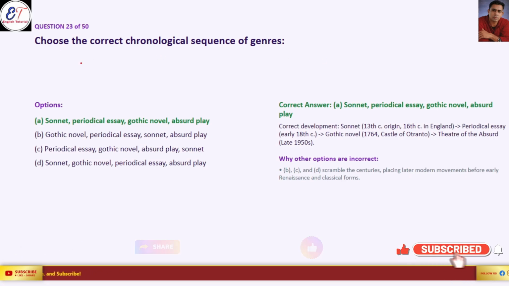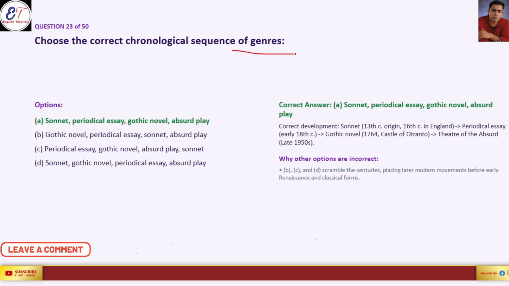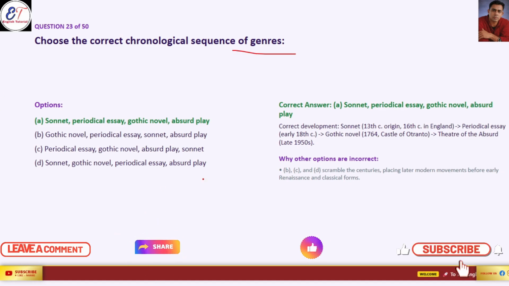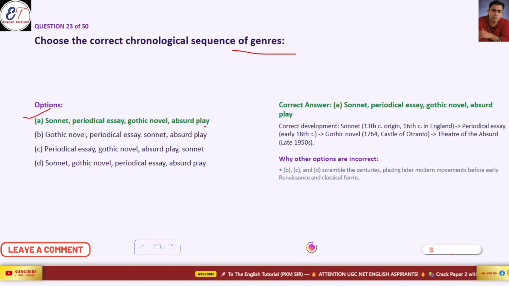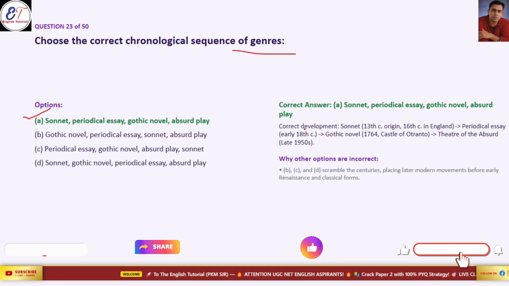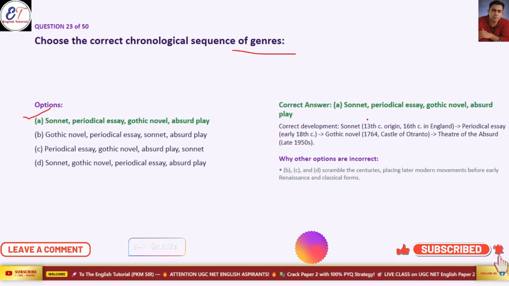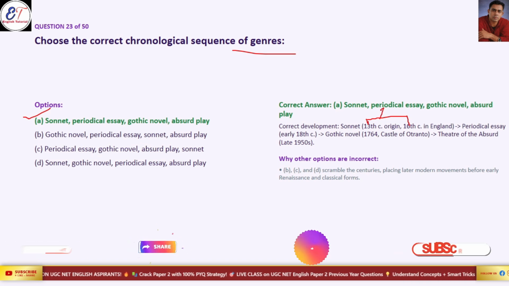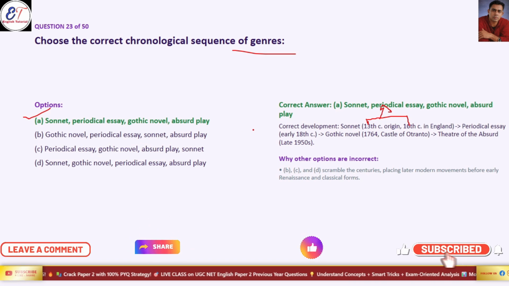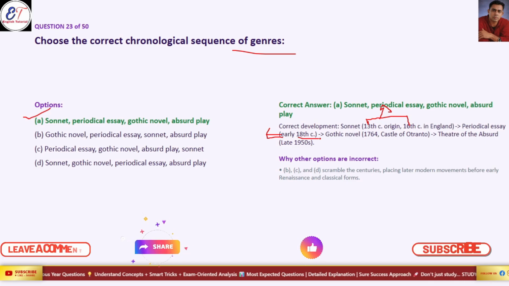Our next question: choose the correct chronological sequence of the genres. You can see option A is the correct answer. The first genre is sonnet, which was popular from the 13th to 16th century. Then periodical essays in the early 18th century.